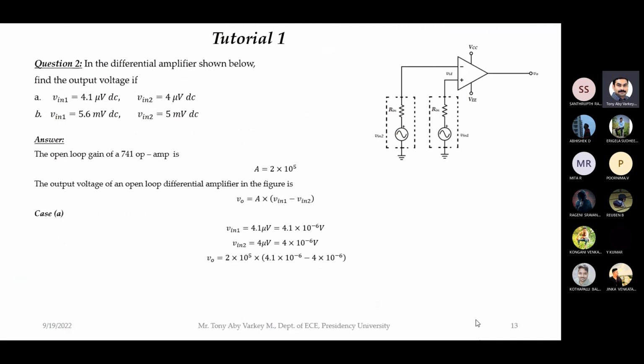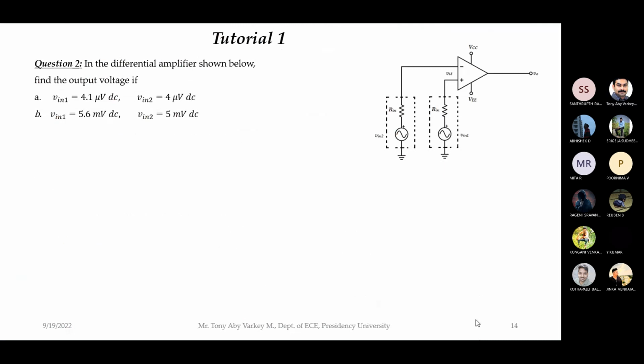So second case, can you try? Second case is V in 1 is 5.6 into 10 power minus 3 and V in 2 is 5 into 10 power minus 3.